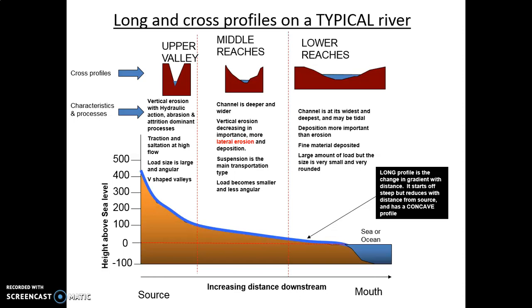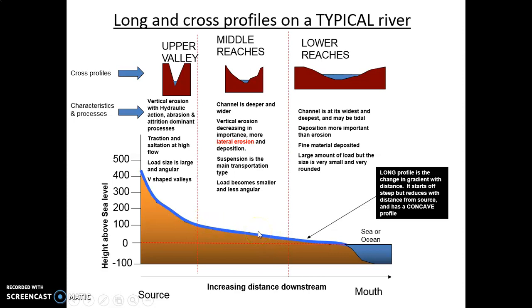The main important thing to remember here, though, is that the river does start off in the upper reaches with very steep conditions, very steep valleys, very narrow valleys. The gradient or the river profile is very steep as well. As you get to the middle reaches, it starts to flatten out. It's a lot less steep.